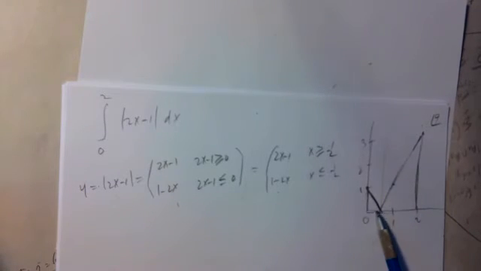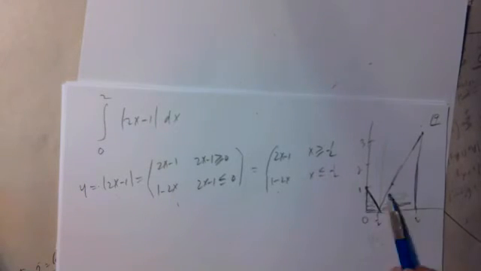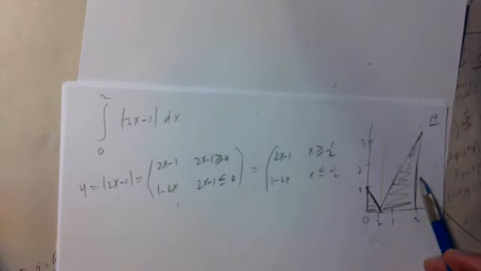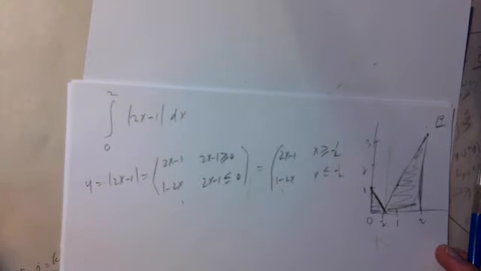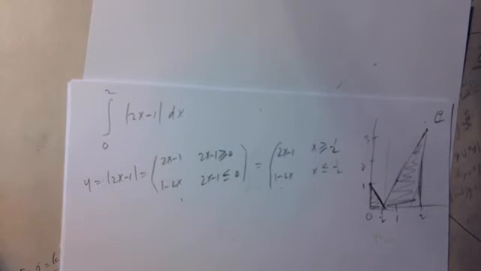So the graph of this function looks like that. In fact, once you know that, I'm going to solve this problem using the integral, but we can also solve this problem knowing the definition of the integral as an area.